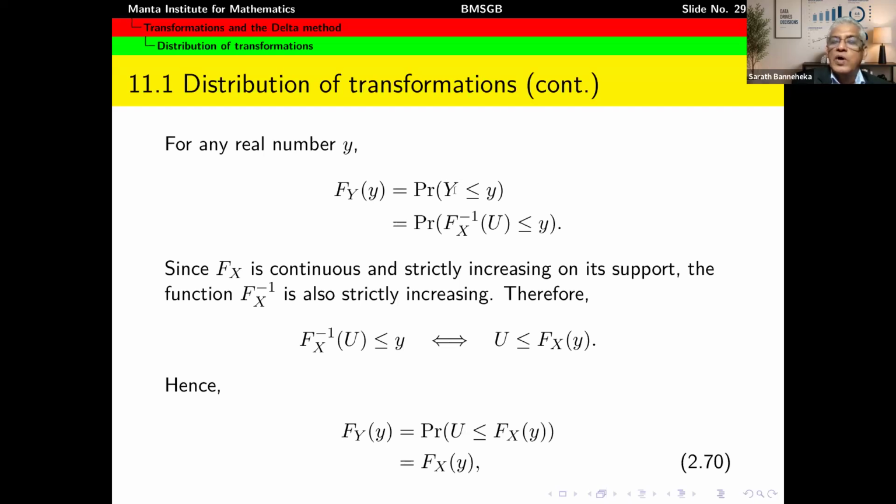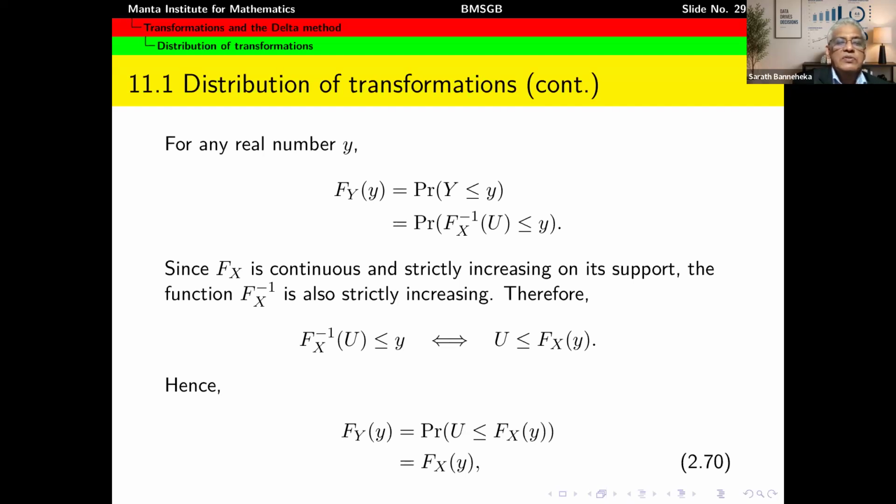But we can now write Y in terms of U, because we defined Y to be F_X inverse of U. So just replace Y by F_X inverse of U, less than or equal to y. Now, since F_X is continuous and strictly increasing on its support, especially non-decreasing, when you consider a continuous random variable it is strictly increasing.